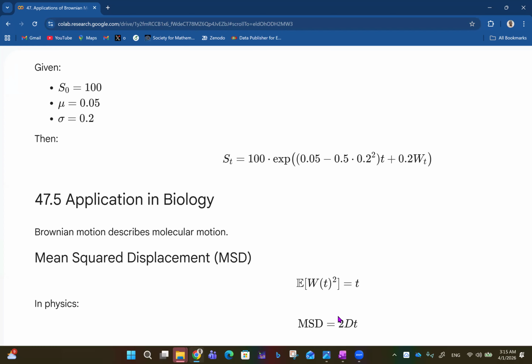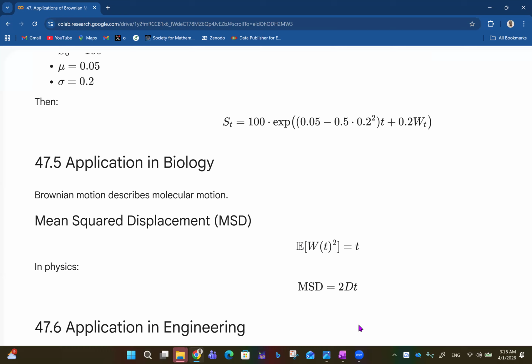And he opened up this whole branch of mathematics called Brownian motion under stochastic processes. So application in biology: Brownian motion describing molecular motion. You have mean squared displacement, where the expected value of W of t squared is t. And in physics, MSD will be 2Dt in that regard.